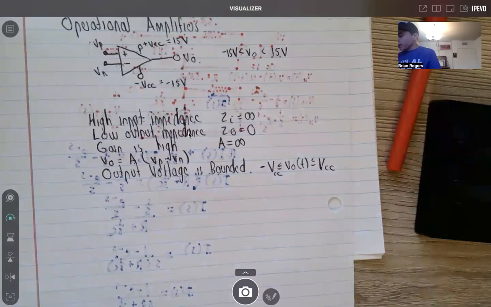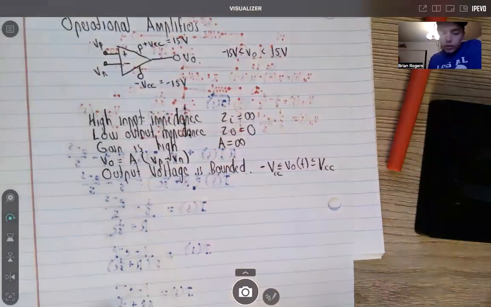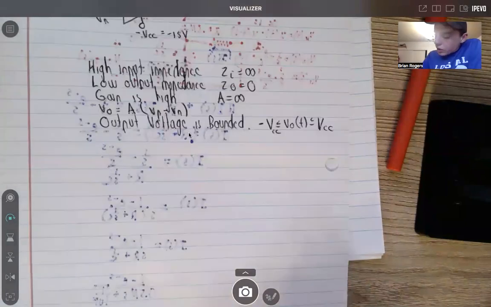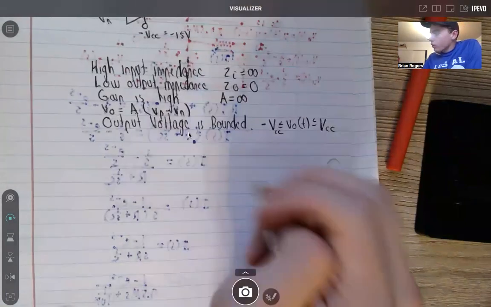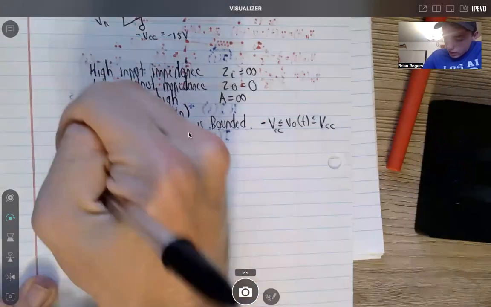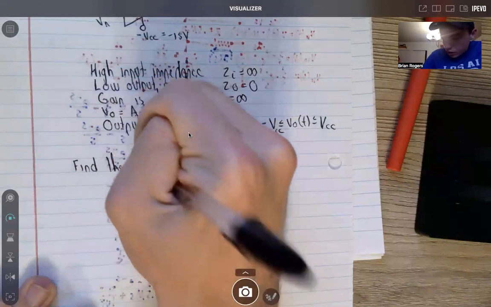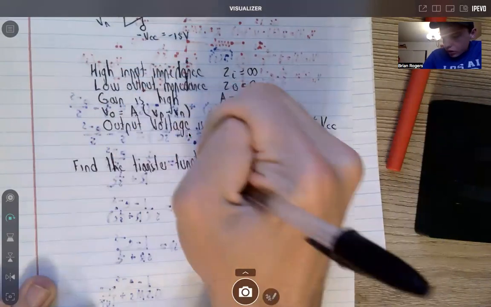And so we're going to look at one of the op amp configurations. I'm going to draw it over here and we're going to find the transfer function of the op amp.